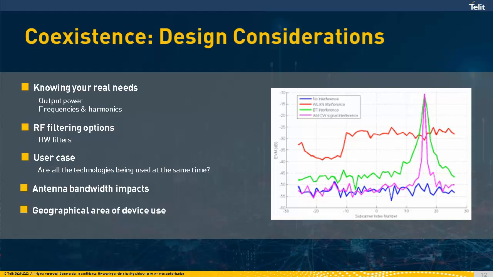Another interesting question is what the real use case is. In your design you can have multiple technologies, but will your final user use them all together at the same time, or can we simply switch one technology on and off in order to have better performance? Antenna selection and its bandwidth again are very important. And finally, the geographical area where you plan to deploy your device is also relevant in this case.